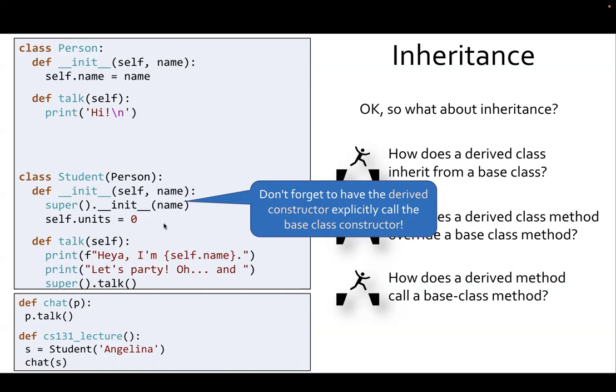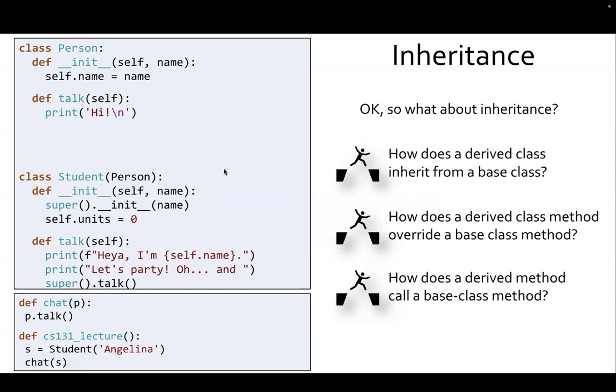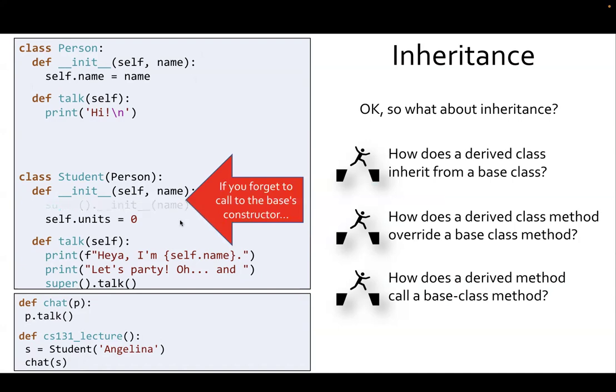In the case over here, we're assigning name to the attribute called name. And if you forget to call the base constructor, it will simply not be called.